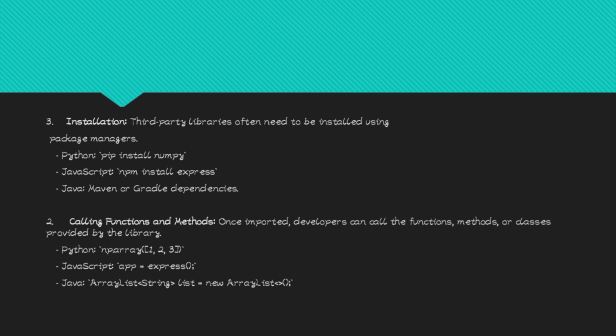So to import a library, we need to install it first. With Python, we say pip install numpy, so we have installed numpy. In JavaScript, we have npm install express, so we have installed express. In Java, we have Maven or Gradle dependencies. Then another way to use libraries is by calling functions or methods.